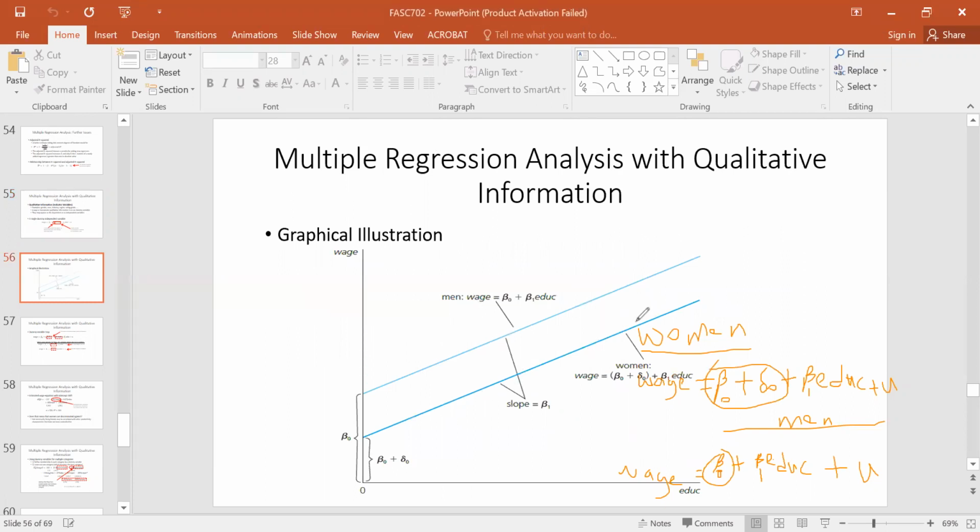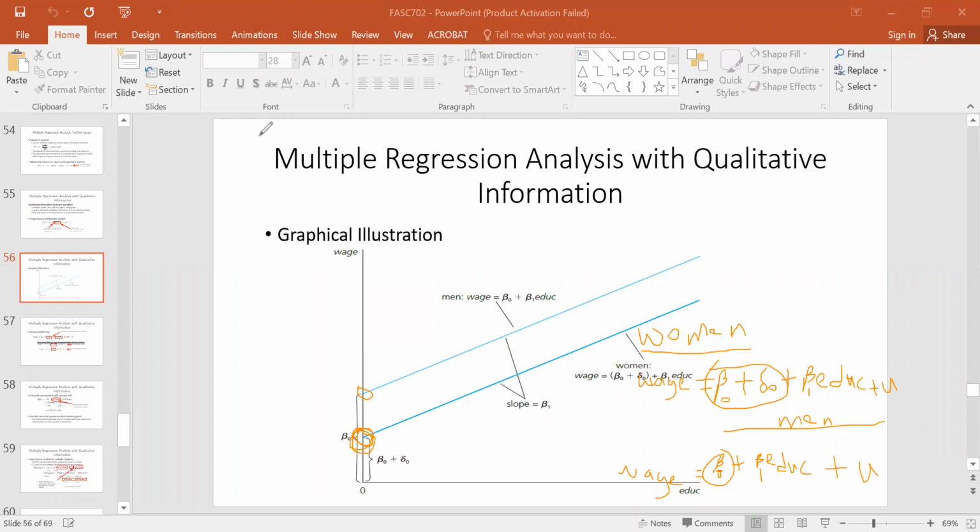They all look parallel, but there's a difference in intercept. The women start here and the men start here, so the women are below. That's why some people would think of discrimination: that being a woman alone just means you are starting from the bottom compared to men. That's what people used to say, that there is discrimination in the United States. But that's the idea.